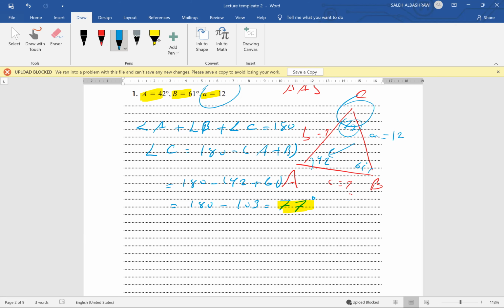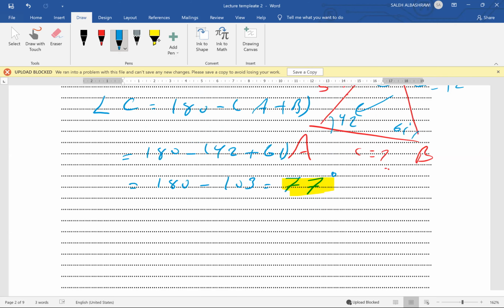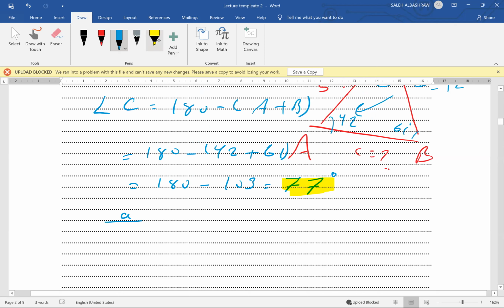From the law of sines, we know a over sine capital A equal to b over sine capital B. We have capital A, we have small a, we have small b.